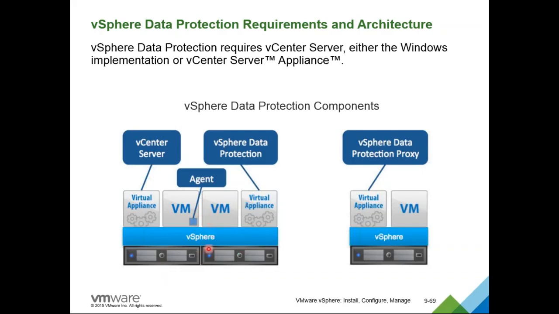So in this overall process, using the vSphere Data Protection proxy, it will push the agents to your ESXi host. From there, it will fetch the virtual machine inventory and store it in the VDP appliance database. So whenever you want to create a job for a specific virtual machine, you just connect to the VDP management console.